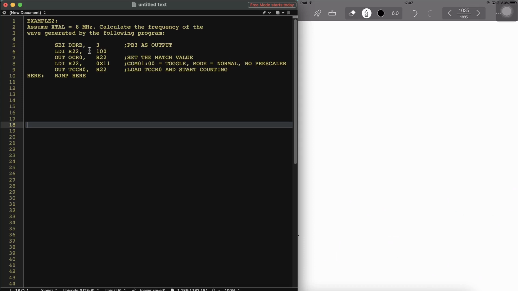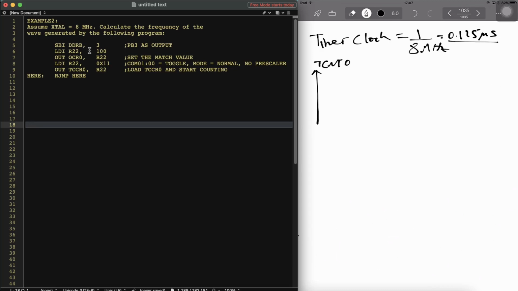Now, the timer clock, let's start with that. The timer clock is given as 1 over 8 megahertz, which is going to be 0.125 microsecond. So this is our period. Now, if I want to draw this, TCNT0 is here, where we have got FF. Let's put it here.